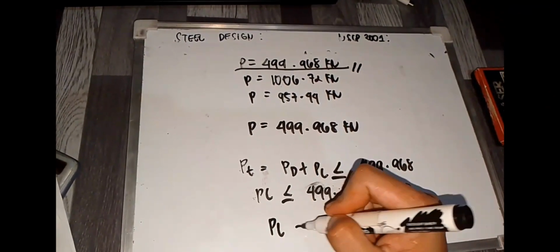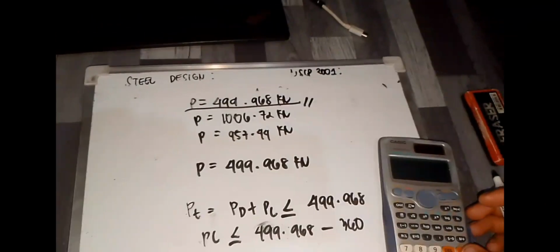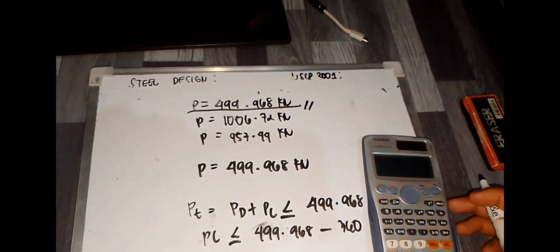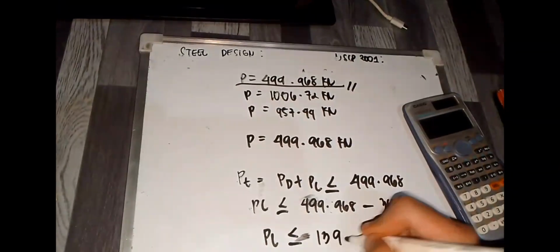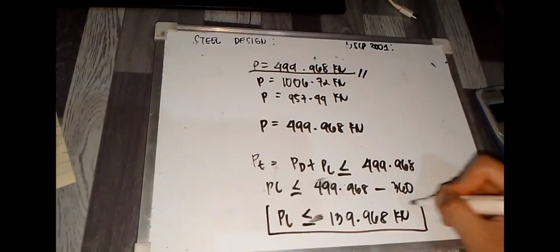So compute: 499.968 minus 360. So our live load is 139.968 kilonewton.